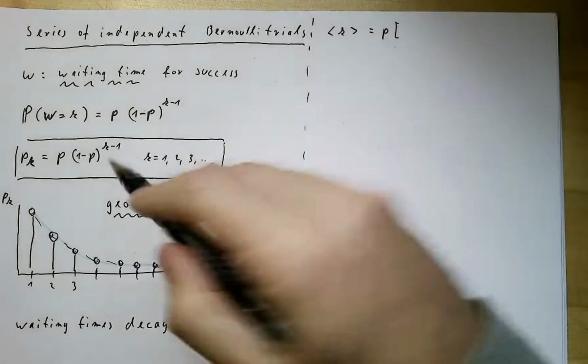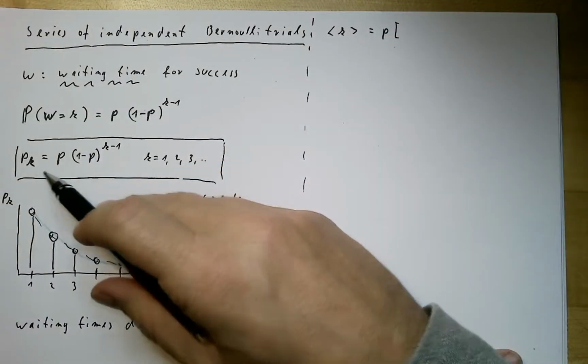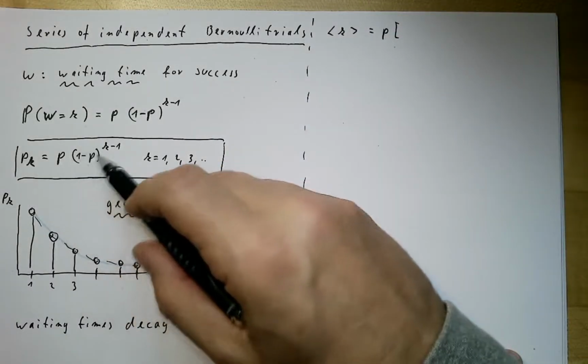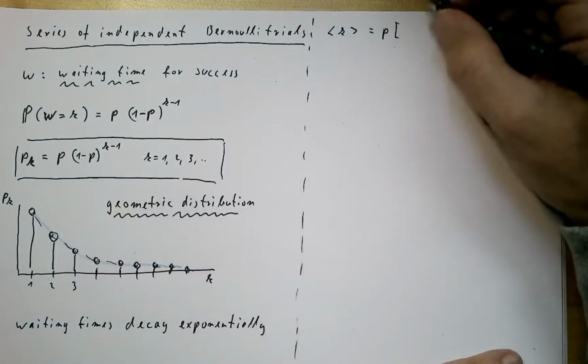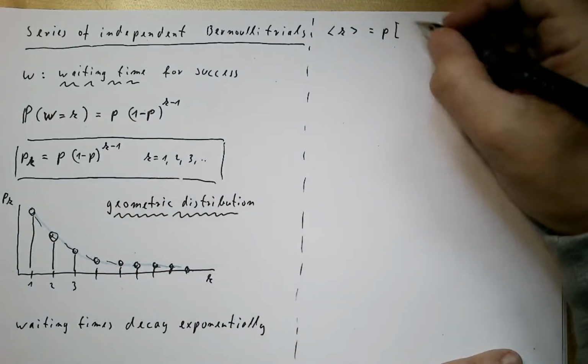We always have this value p, which we can take out, and now take the coefficients in the sequence of the expectation value.